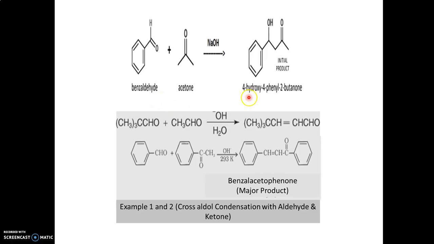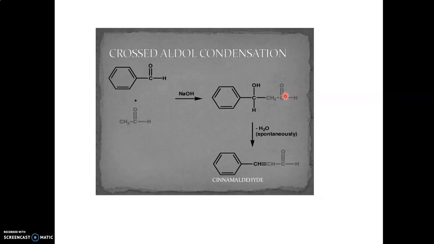This results in the formation of 4-hydroxy-4-phenyl-2-butanone. In the same example, benzaldehyde reacting with acetaldehyde results in the formation of the aldol product. Upon dehydration it results in the crossed aldol product, that is cinnamaldehyde. So this is all about the crossed aldol condensation.